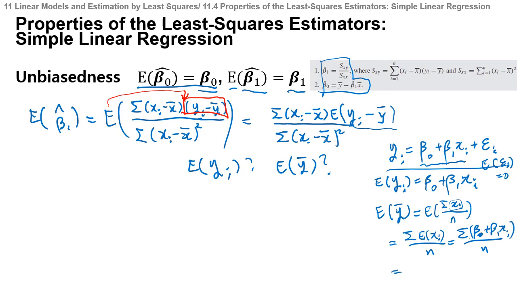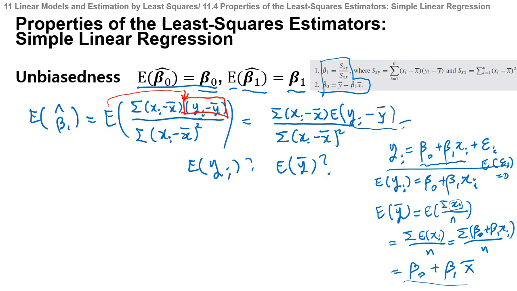We have n beta 0s, divided by n, which is beta 0, plus beta 1 times the sum of xi divided by n, which is x bar. So the expected value of y bar is beta 0 plus beta 1 x bar.